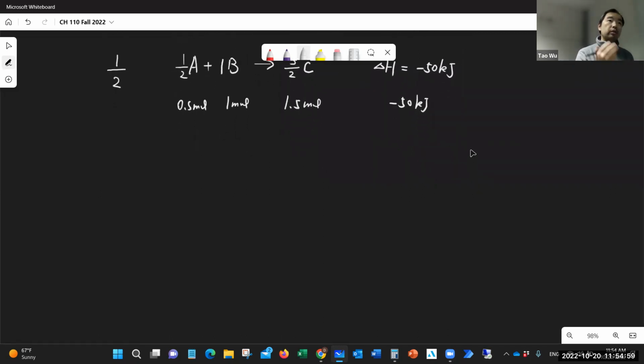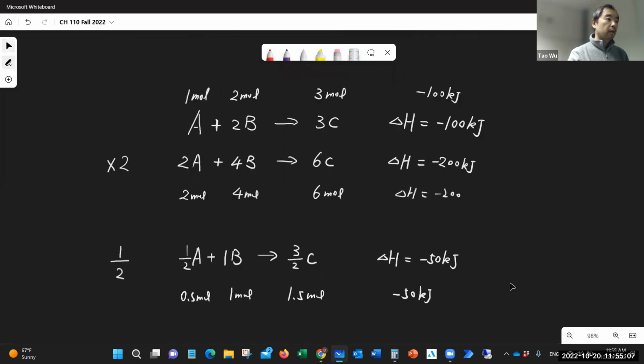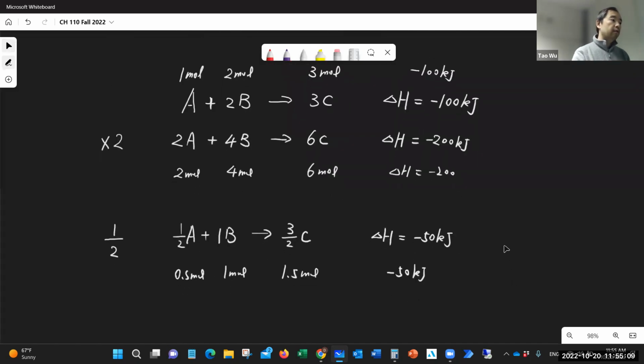The next part is also about manipulating equations. What if you reverse this equation? Here we have A plus 2B to form 3C.